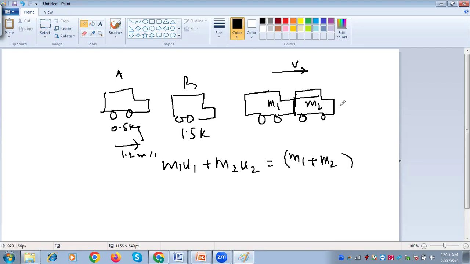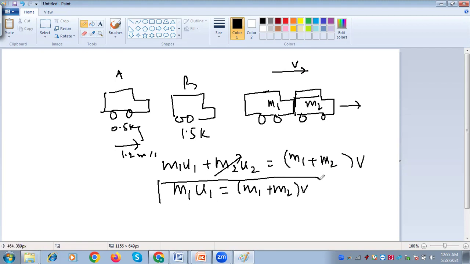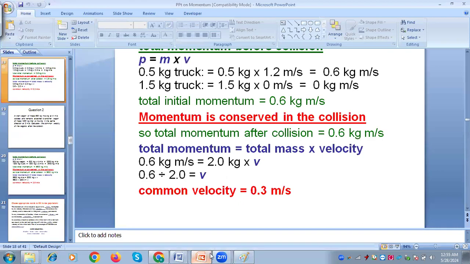They are moving like a single body in the forward direction, so we write V. Since the initial velocity of truck B is 0, this part vanishes from the equation because this momentum is 0. So the formula becomes M1 U1 is equal to M1 plus M2 into V. You may call it formula 2. Now let us go back to the second question of the discussion.